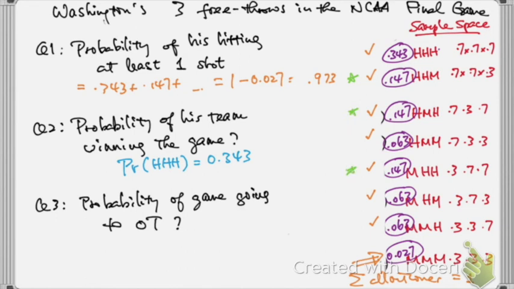This would be 2 shots exactly. Is there another one? No, looks like that's it. So there are only 3 outcomes that would have 2 shots. So the probability of going to overtime would be 0.147 plus 0.147 plus 0.147, which is equal to 0.441. So there's a 44% chance that the game would go into overtime.